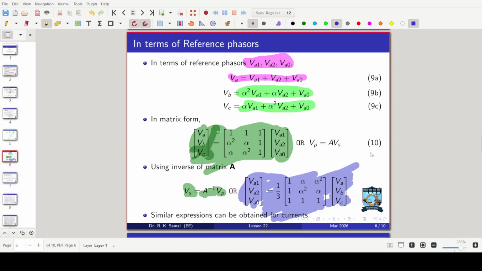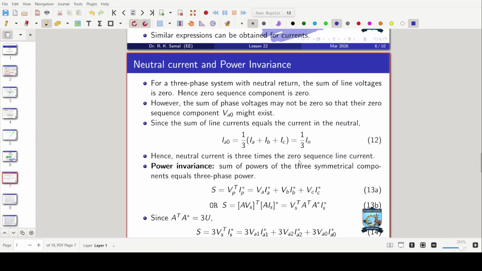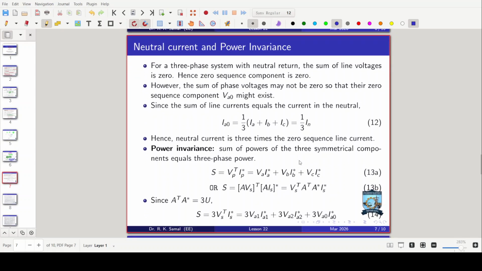Equation 10 and equation 11, I suggest you write down in your notebook, because these summarize the symmetrical components.